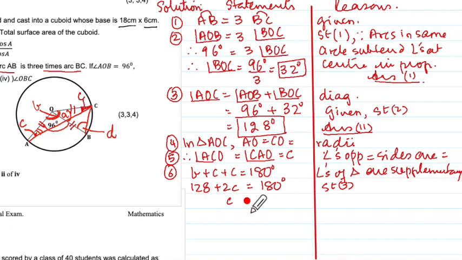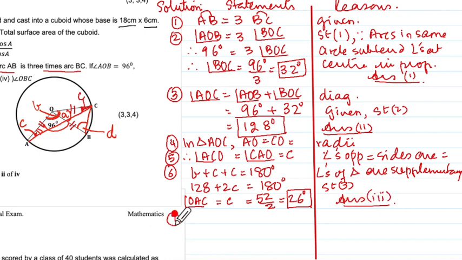So your C will be equal to 180 minus 128, which is 52. So 52 upon 2 is equal to 26 degrees. What is this C? It is OAC. So angle OAC is 26 degrees, and this is our answer 3.